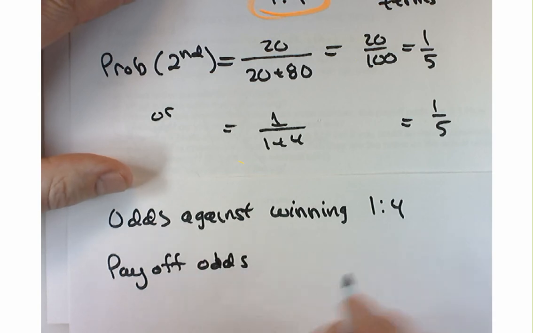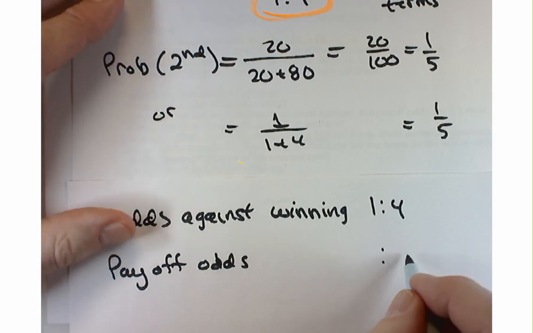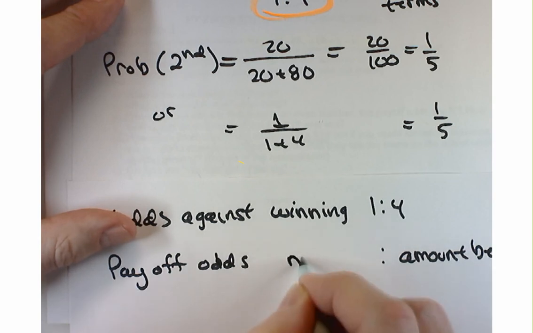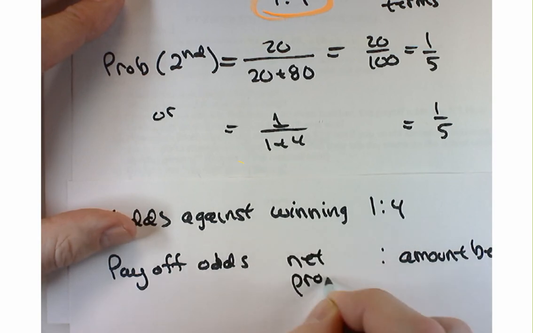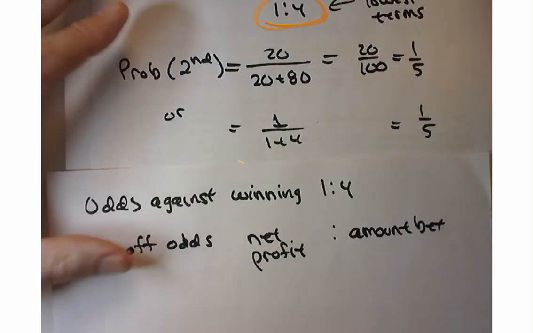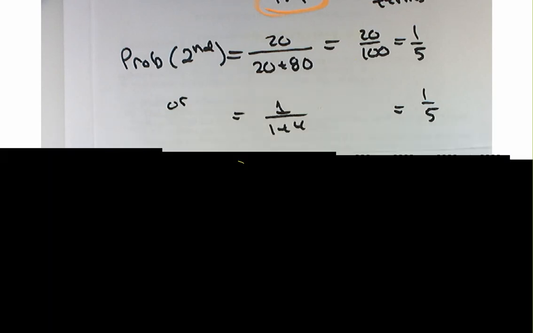Payoff odds are a ratio from the amount bet to your net profit. Let me zoom out a little bit so I can get that in there for everyone. Amount bet to your net profit.